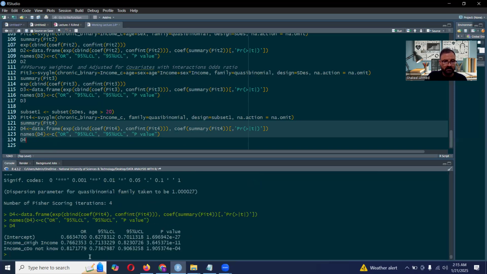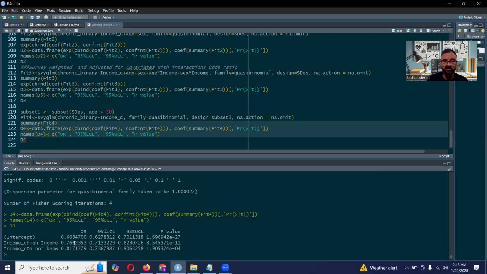Now it is again 0.766. So it is clear that when we checked the interaction of income and age on the chronic condition, it was not significant, so the result is not much changed.